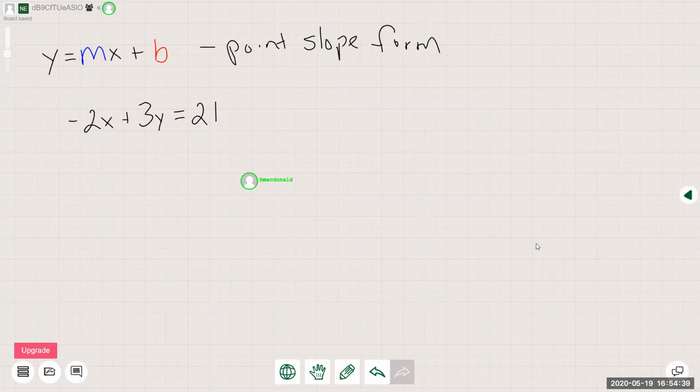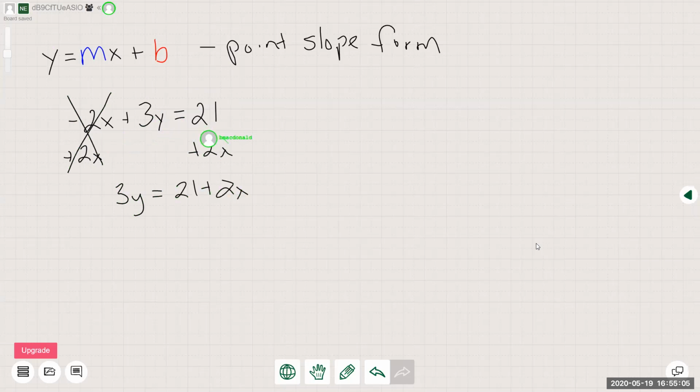And the way we do that is, since it's a negative 2x, we'll just add it to both sides so that it'll cancel out. So plus 2x, plus 2x. And since this cancels out, we're left with 3y on this side, and we'll have 21 plus 2x on this side.